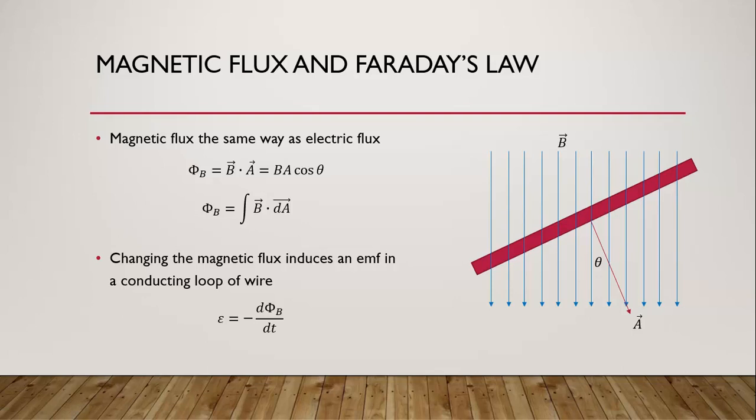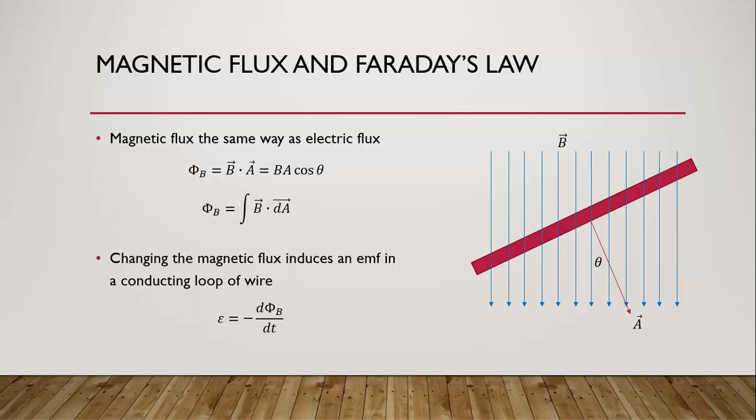Now, what's true about changes in magnetic flux is that they induce an EMF on a conducting loop of wire. An EMF is essentially a voltage. The term EMF stands for electromotive force. I don't really like the term force because it's really talking about a potential difference that moves the charged particles around in that loop of wires.